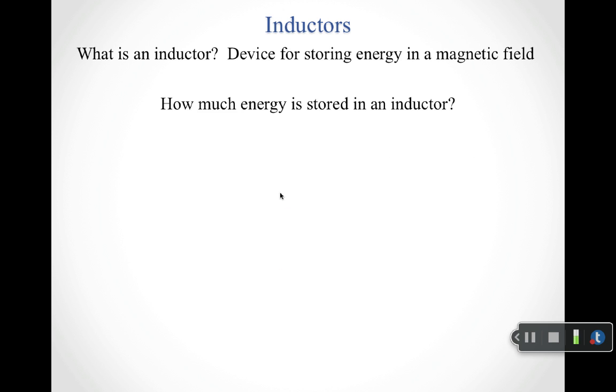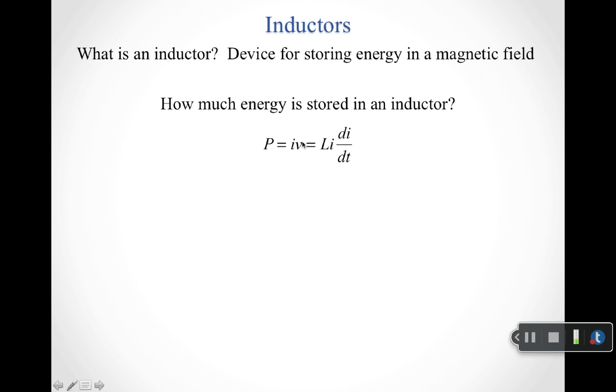All right, fundamentally we said inductors store energy within a magnetic field, so how much energy is stored within an inductor? We'll start by thinking about the power. We know that the power is the time rate of change of the energy, and I can calculate that for any of my circuit elements as the current times the voltage, so iv.